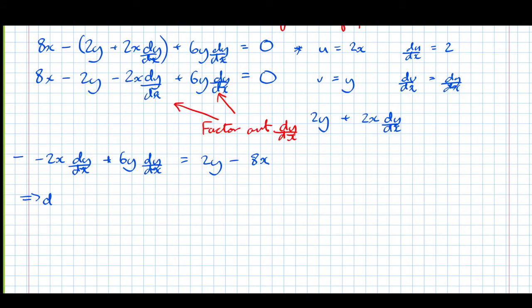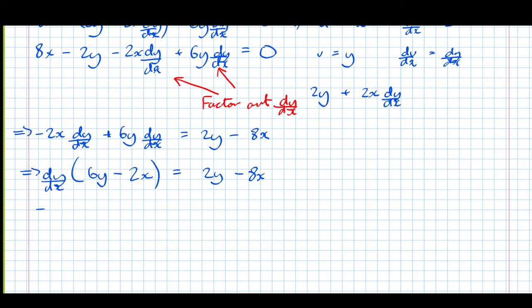So that implies that dy by dx, and that's 6y take 2x, equals 2y take 8x, leaving us with, if we divide by 6y minus 2x, dy by dx equals 2y minus 8x, all divided by 6y minus 2x.